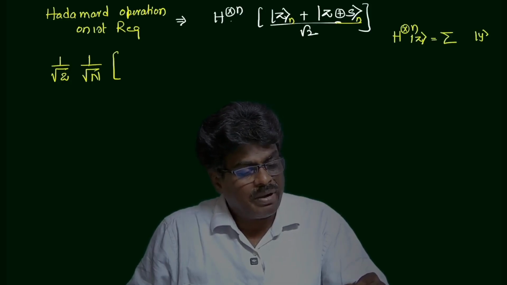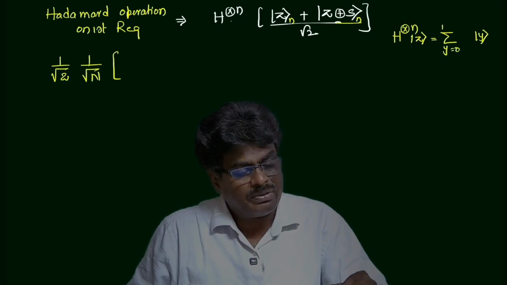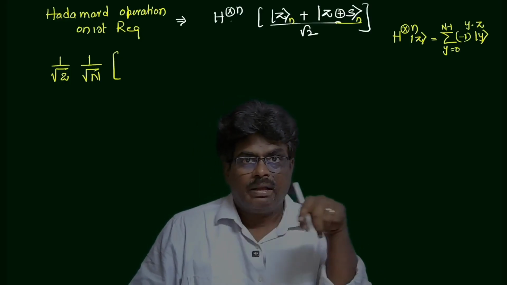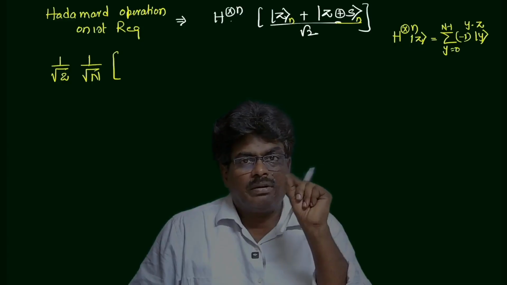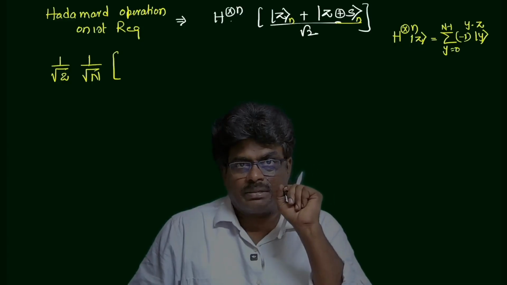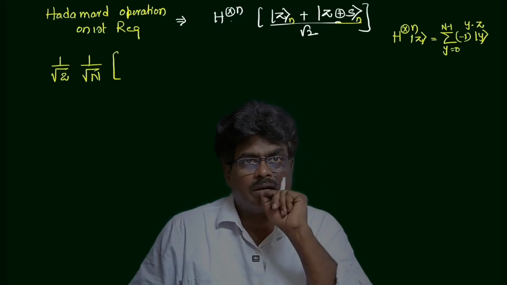I am taking it as y here. That's why y equal to 0 to N minus 1 and a phase factor (-1) to the power y·z. I have already explained that y·z is the bitwise binary dot product.